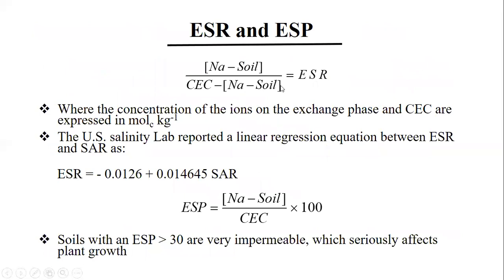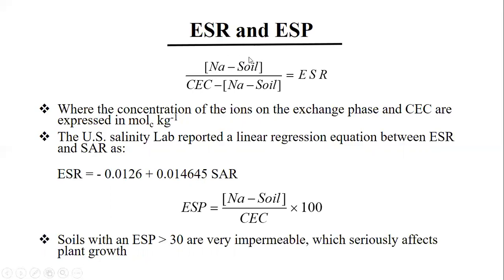We'll take the other two, ESR, exchangeable sodium ratio. Remember, it's extremely important to differentiate between this and the coming one. So here, Na soil means the exchangeable sodium. When we write Na soil, that means sodium on the soil system, on the exchange.